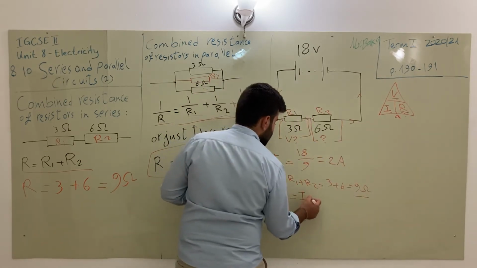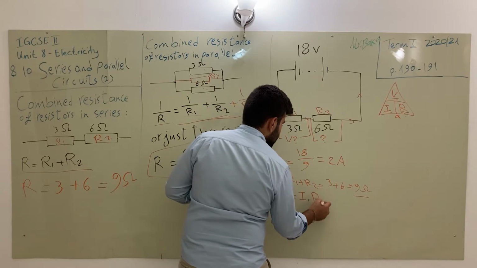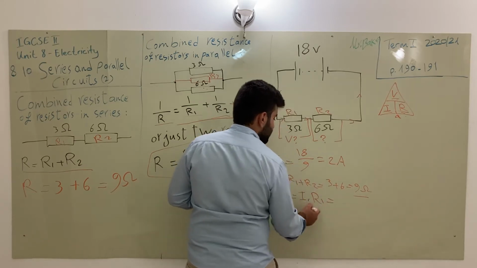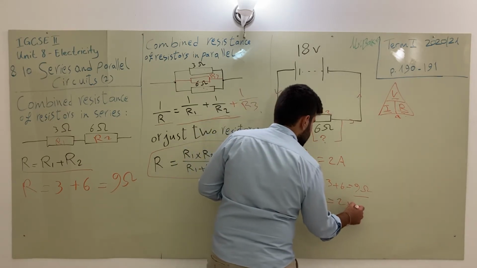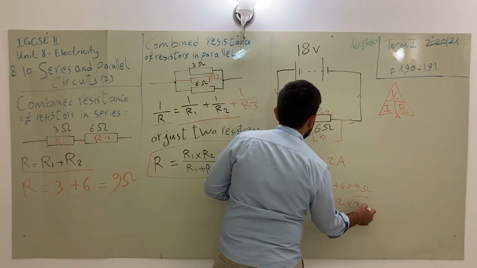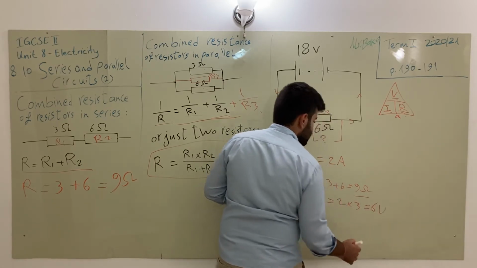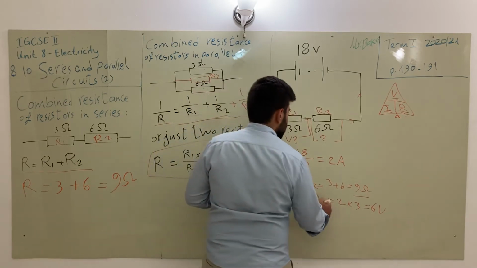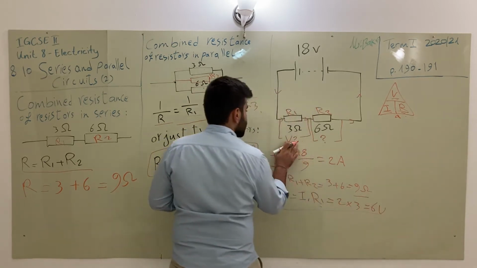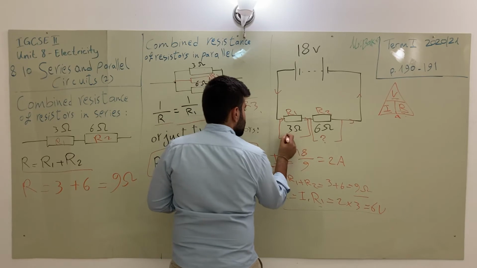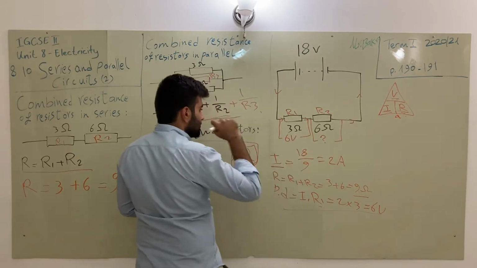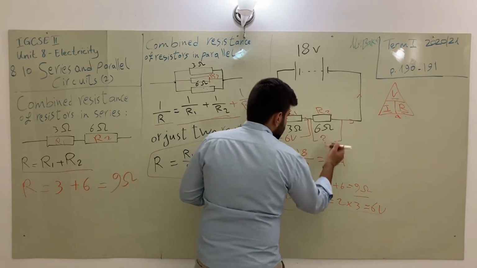The resistor. So I multiply R1, and it's equal to 2 multiply 3 ohm, and it's equal to 6 volt. Okay, so this is R1. First reading here is what? 6 volt.